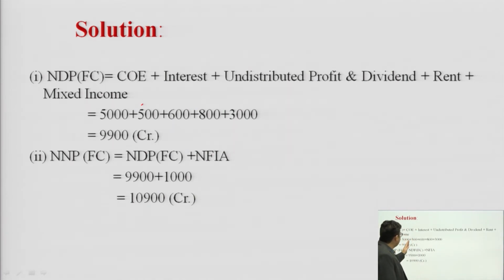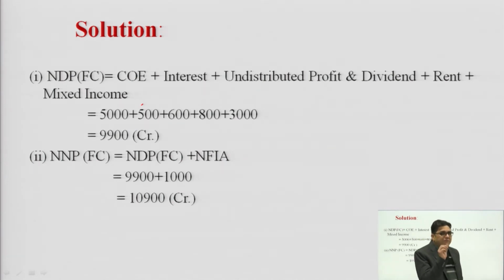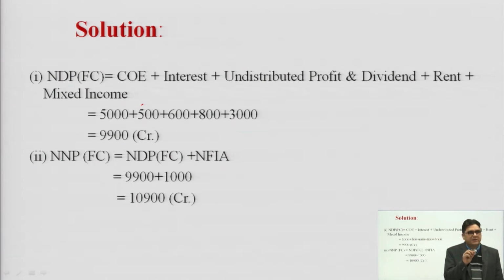So it is 5,000, 500, 600, 800 plus 300, and it comes to 9,900. Now the figure we have reached by the income method, 9,900, is NDP at FC, and we have to reach NNP at FC. So we have domestic and we have to reach national.